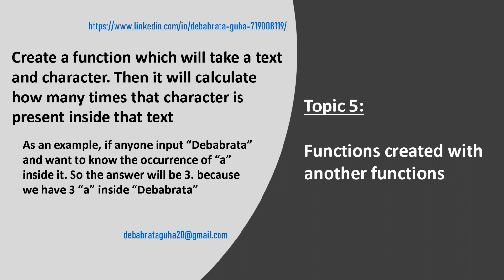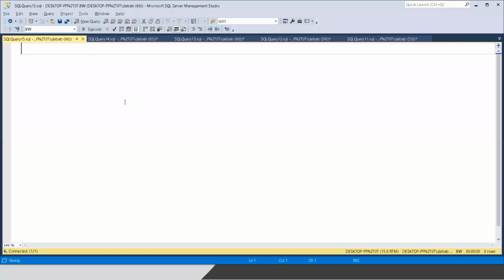There is no such built-in function available to get that frequency of a. So what I can do is create our own function. Like I can write simply create function, let me give some name like frequency something.